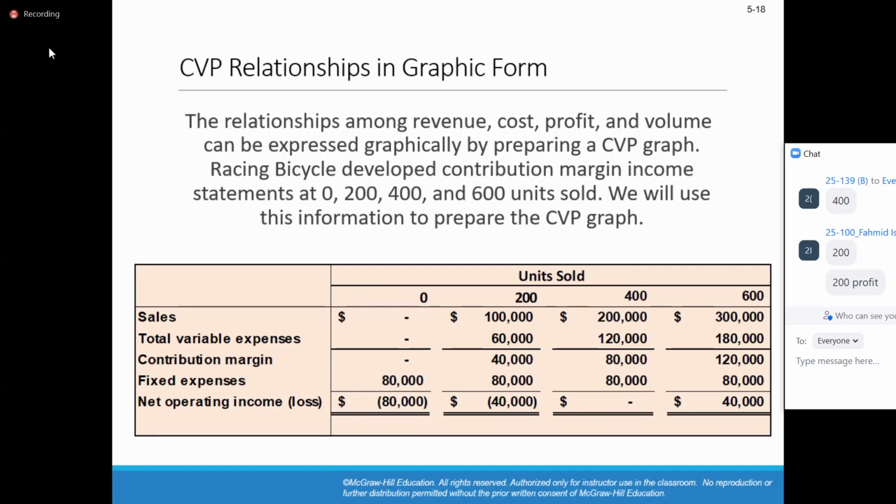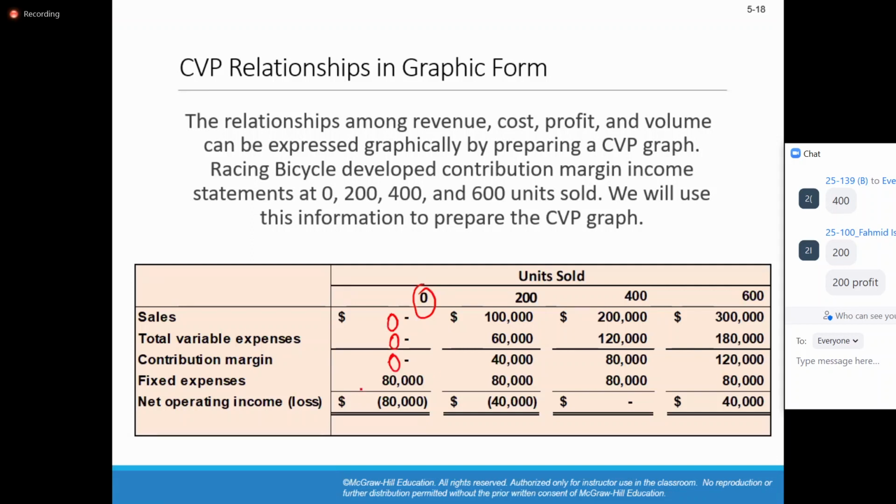You see, the understanding of these numbers is critical to draw a graph. You see, if the sales is zero, I mean the bicycle sale is zero units, what will be the variable expense and what will be the sales value in dollar terms? It will be zero. Okay, and there is nothing, and contribution margin will be nothing.